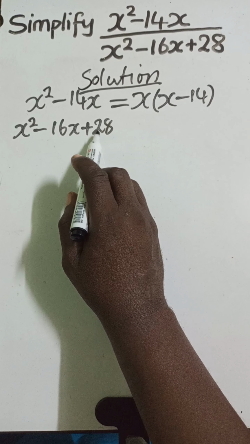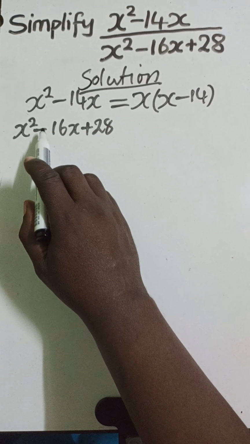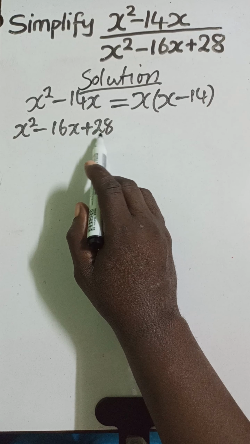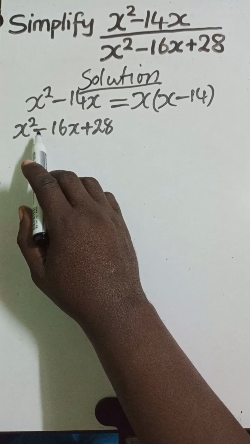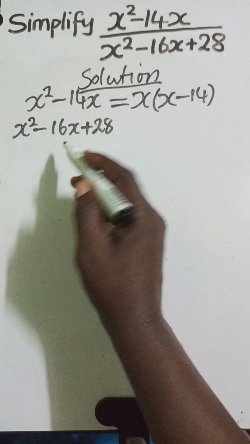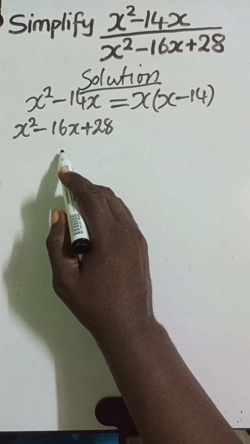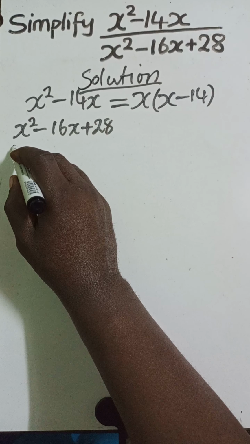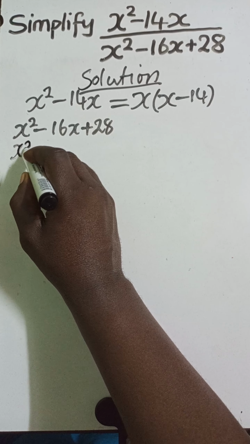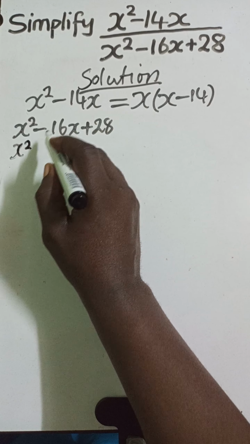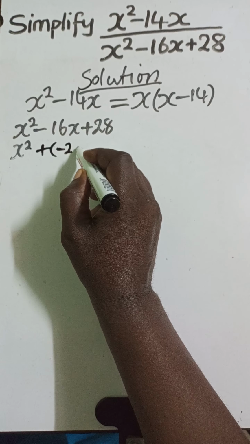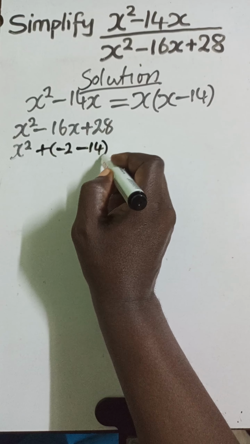We need to look for two factors of 28 whose sum will be negative 16. Okay, so which are those two factors of 28 whose sum is negative 16? It's clearly negative 2 and negative 14. And so we're going to factorize this using the process wherein we'll replace this negative 16 with negative 2 and negative 14.